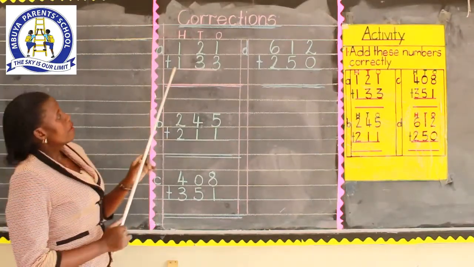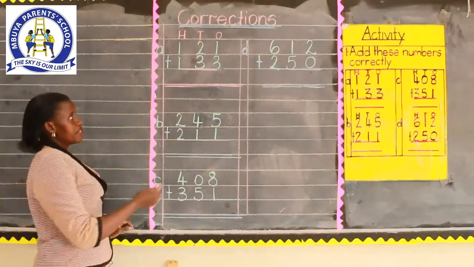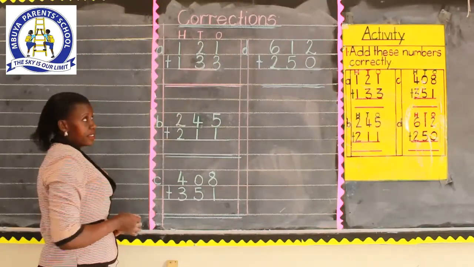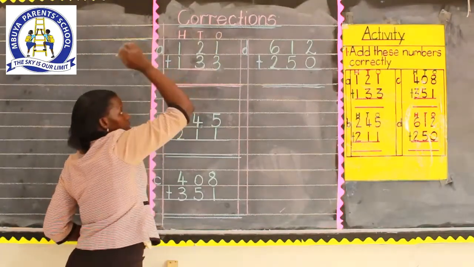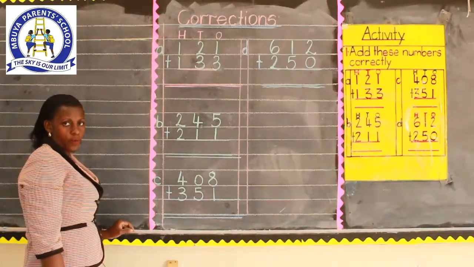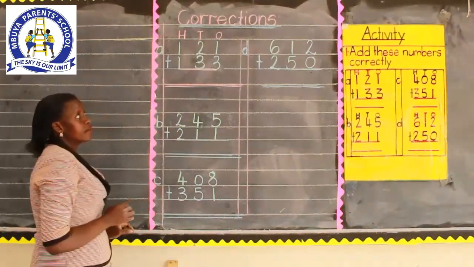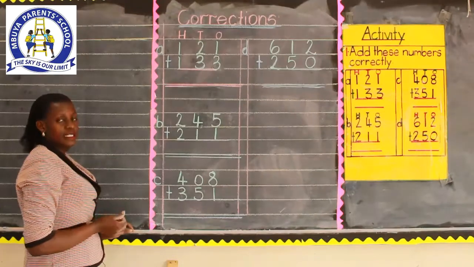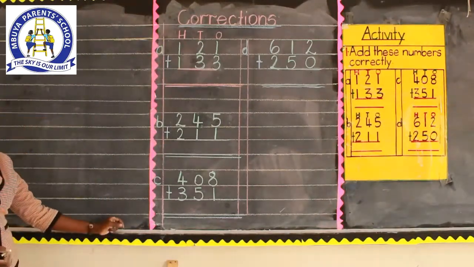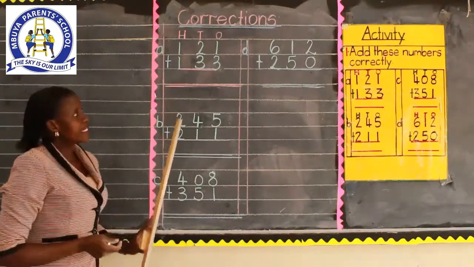Good. Now, having written the numbers, I said the first step is to give place values. These ones fall under ones, and ones is represented with the letter O. Okay? Then we go to tens, represented by letter T, then also hundreds, which is having H. Having given the numbers to these children, we separate the place values.